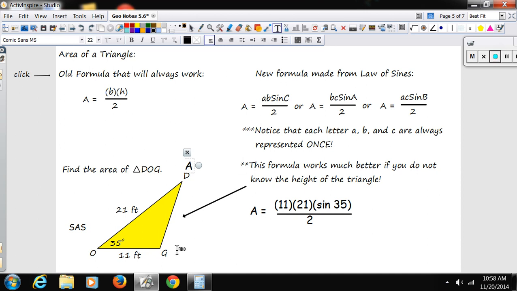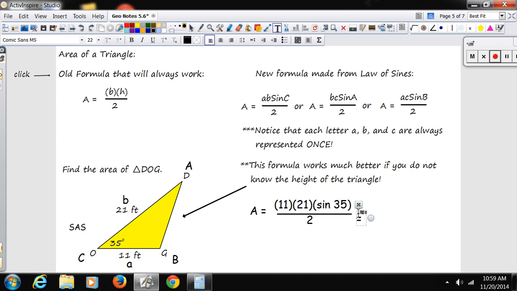So that would be angle A. This down here would be angle B. This over here would be angle C. So little a would be down here at the bottom, that'd be the 11. Little b would be the 21, and angle C is right here. So I'm using little a, little b, and the sine of C, multiplying that and dividing it by 2.